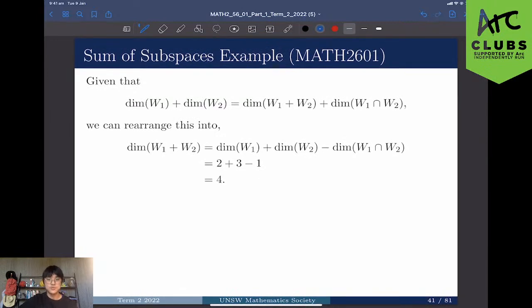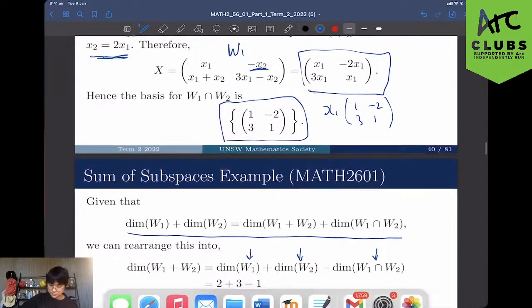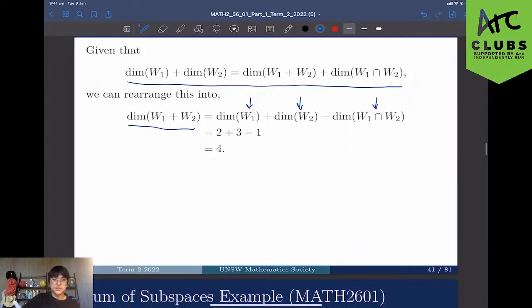And to find the basis for the sum of W1 and W2, we just remember this formula, and since we know the dimension of W1 and W2, and we just found that W1 intersection W2 has dimension 1, the formula tells us that the dimension of the sum is equal to 4.